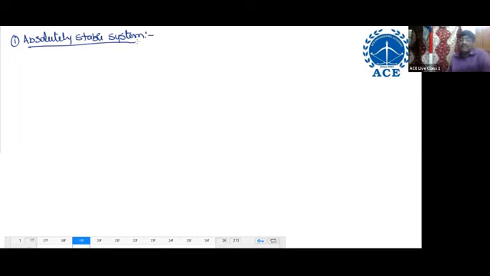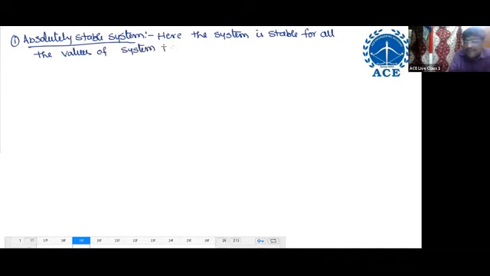Here the system is stable for all the values of system parameters, like K, like A. So what are the system parameters?